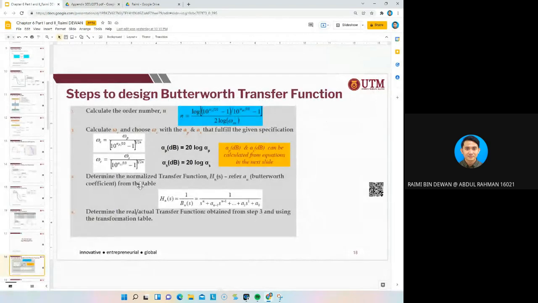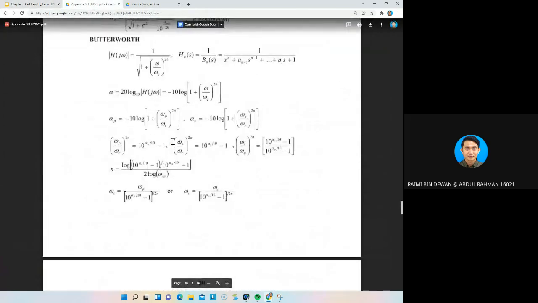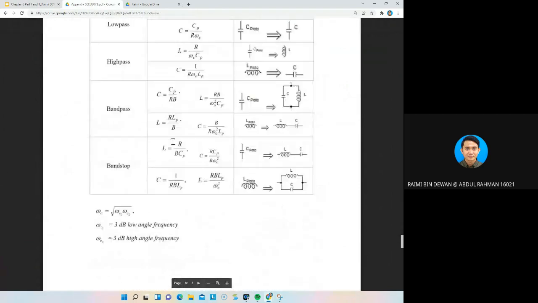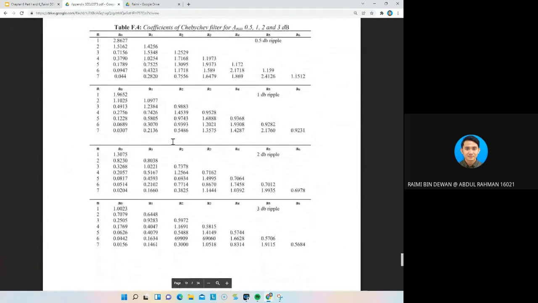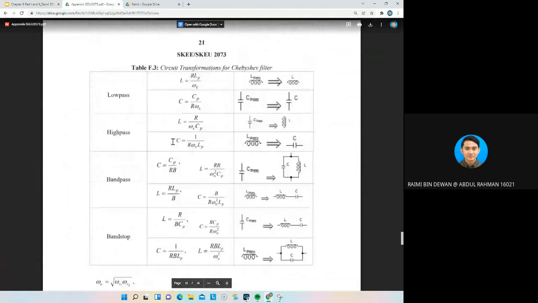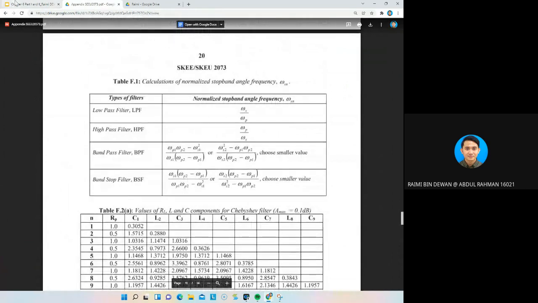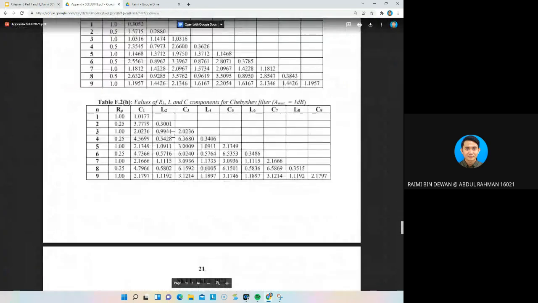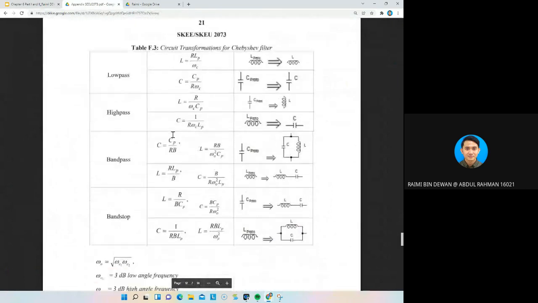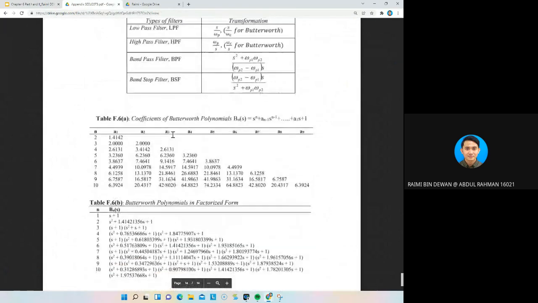After we determine the normalized transfer function, we refer to the value of an here. Okay, this is the Butterworth.